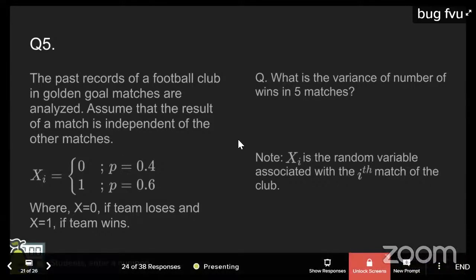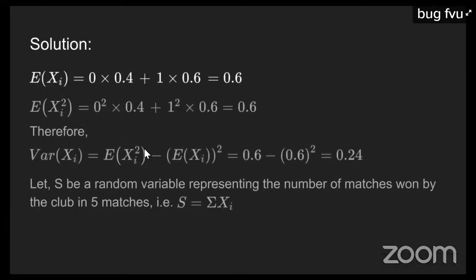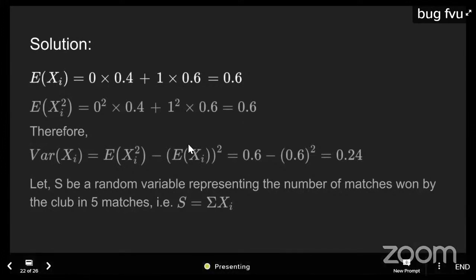And we know that the result of a match is independent of other matches as well. Sir, the formula for variance of x is expectation of x square minus expectation of x whole square, right? While finding expectation of x square, I got 0.6 for one match.